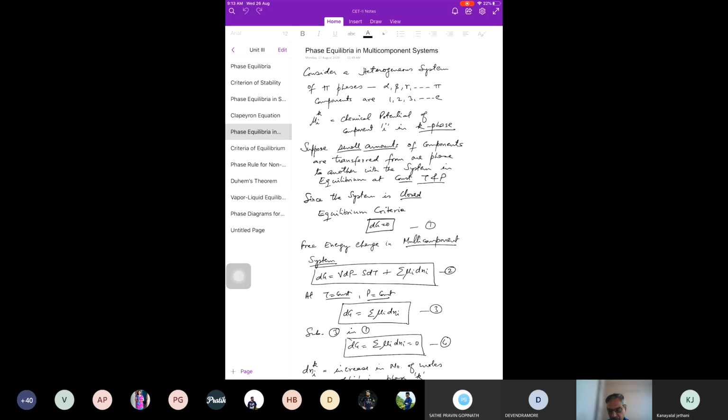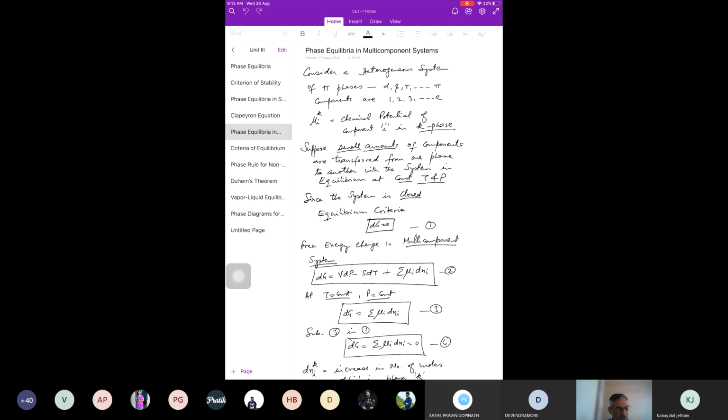Components can be many: 1, 2, 3, up to C. There can sometimes be 10 components in a system. So components can be many, but phases will normally be 2 or 3. But the derivation is for many phases, pi phases.